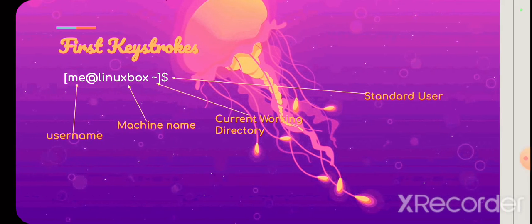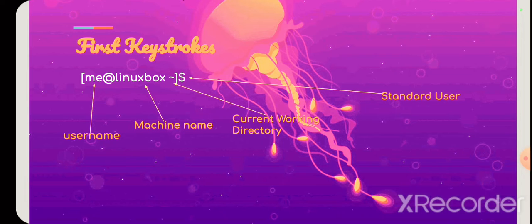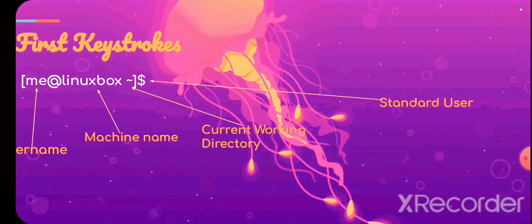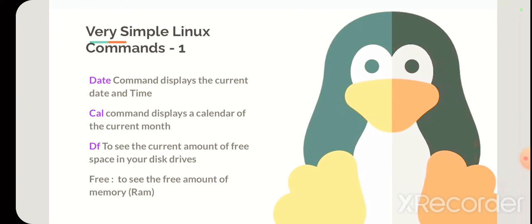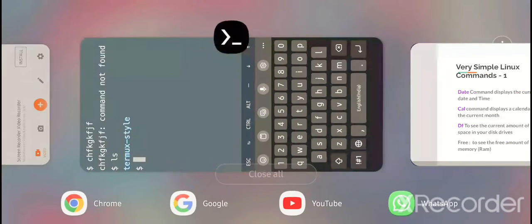So let us write some commands. We have talked a lot of theory. Now move to the practical part. That's also important. There are some simple commands you can type in to get started with Linux.